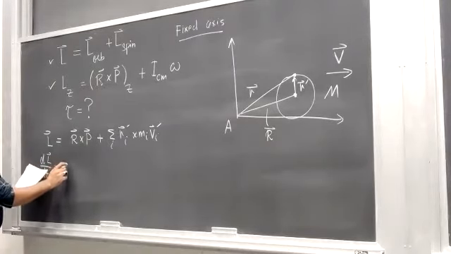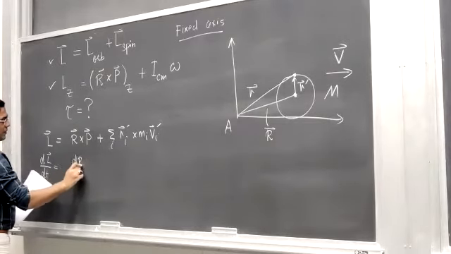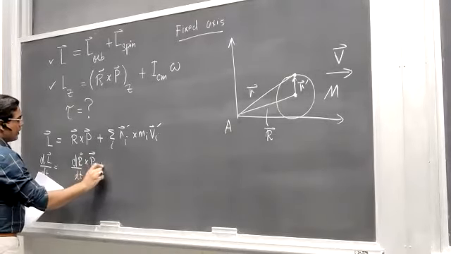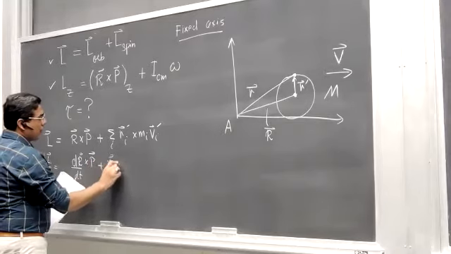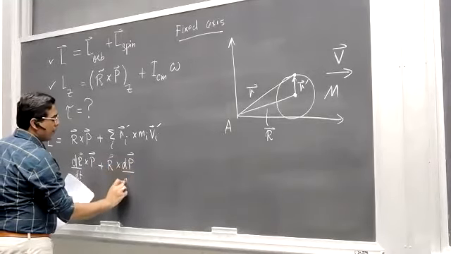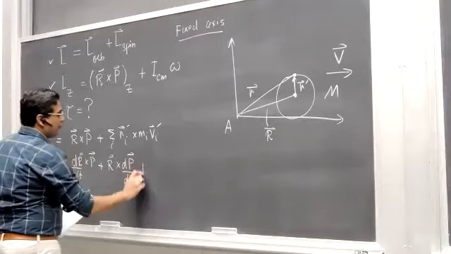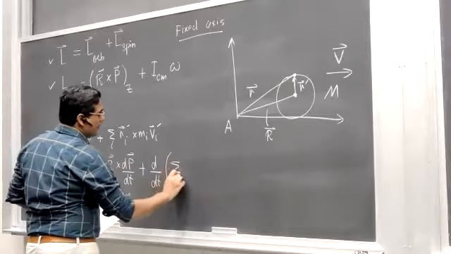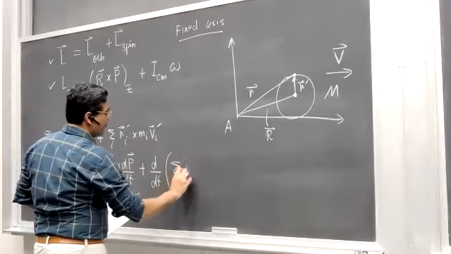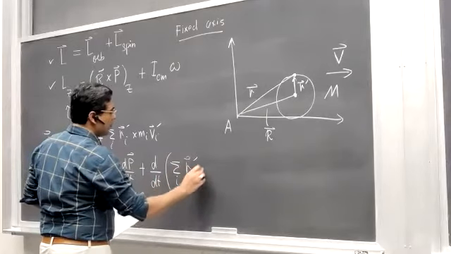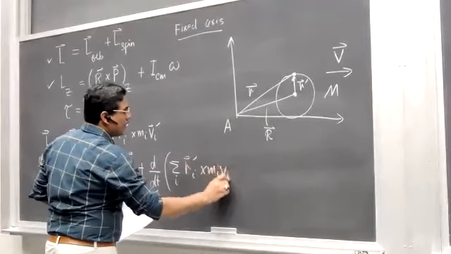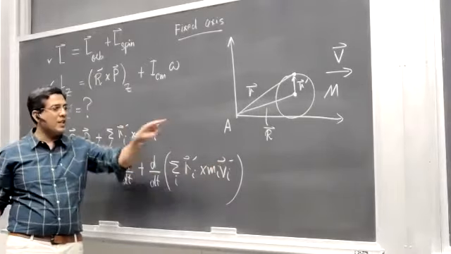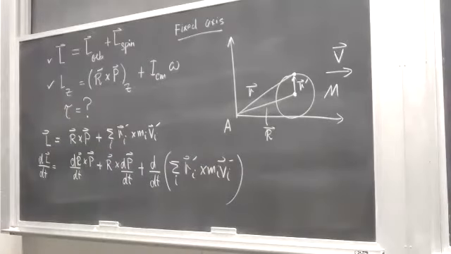You take this derivative and then you get dR/dt cross P, plus R cross dP/dt, plus d/dt of everything inside the sum. Remember, these are coordinates with respect to the center of mass frame, right? Now, let's look at these quantities.